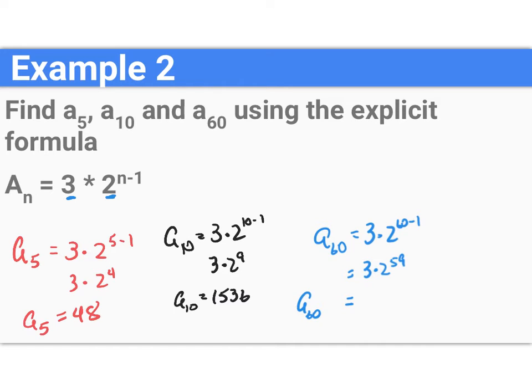What the calculator gives you is 1.729 and a bunch of numbers, but we're in high school, so we're cutting it off to 3 numbers behind the decimal. E means times 10 to the 18th power. That is a very big number. It means we had to move the decimal to the right 18 times.